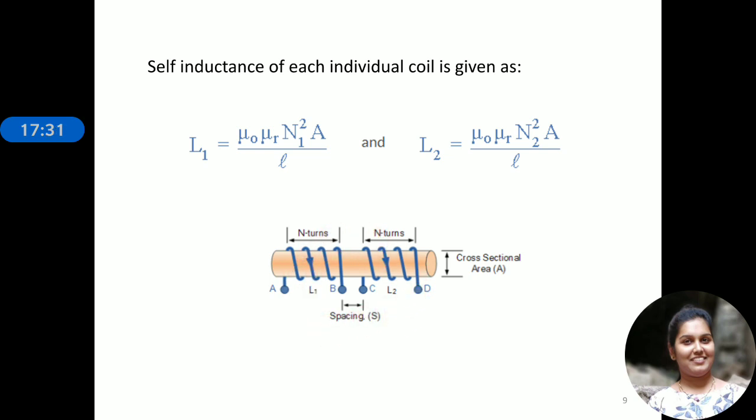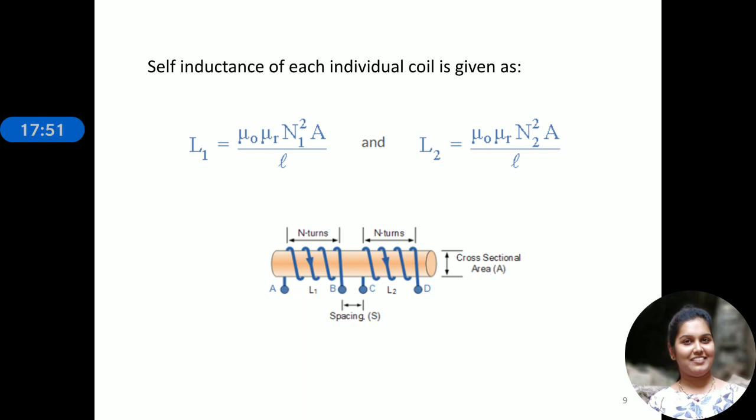Here the current flowing in coil L1 sets up a magnetic field around itself, with some of these magnetic field lines passing through coil 2. So L2 gives us mutual inductance. Got the point? I repeat.